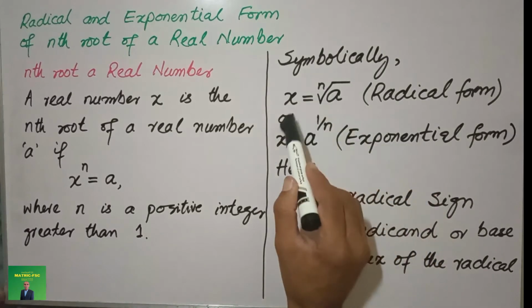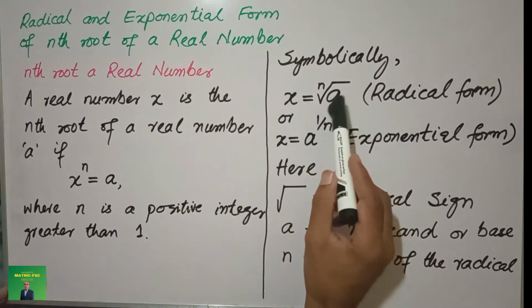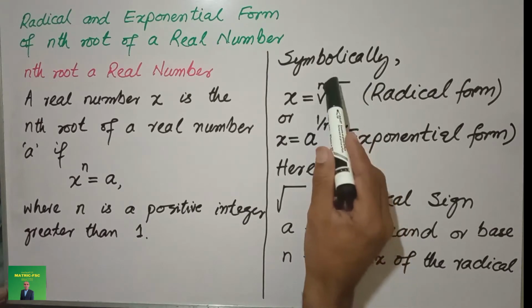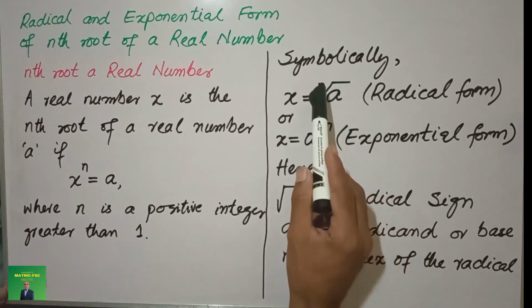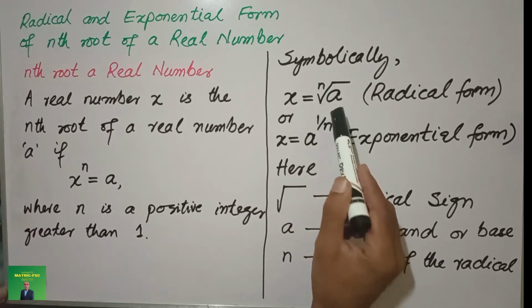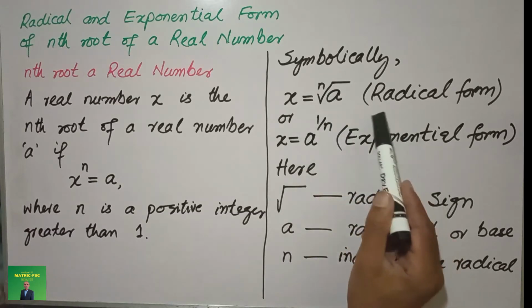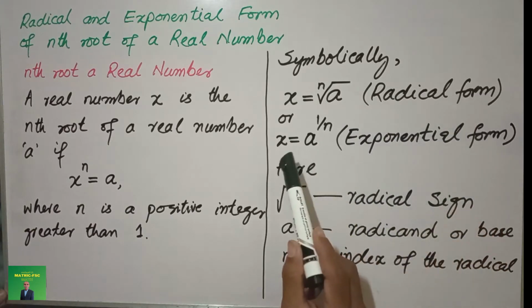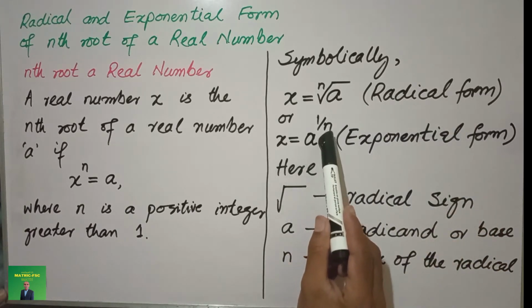Symbolically, we write x is equal to the nth root of a, and this is the notation which is called the radical. Here n is called the index and a is called the radicand. This is the radical form, or we can write x is equal to a power 1 over n.